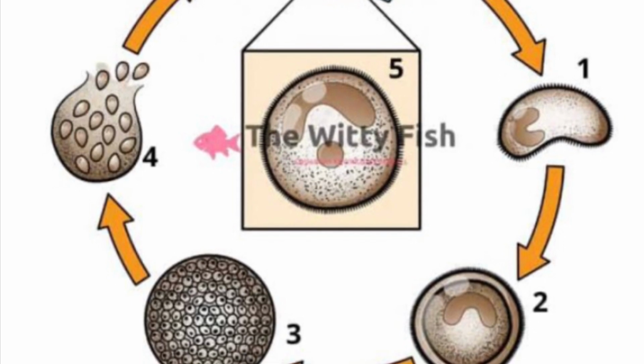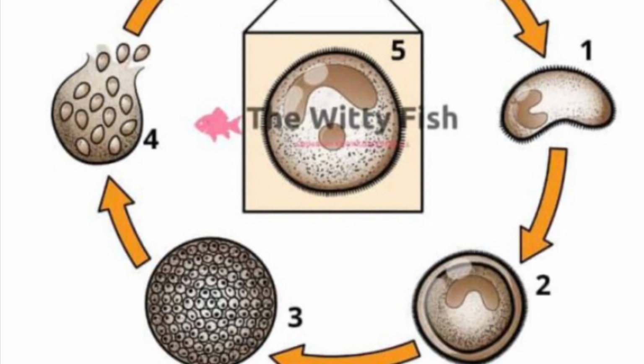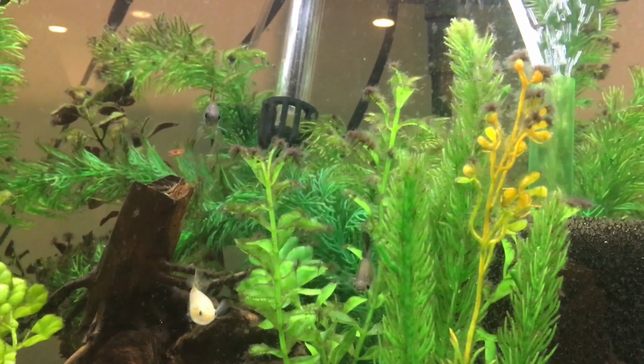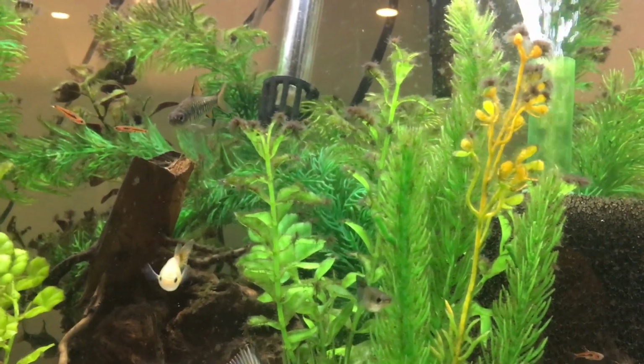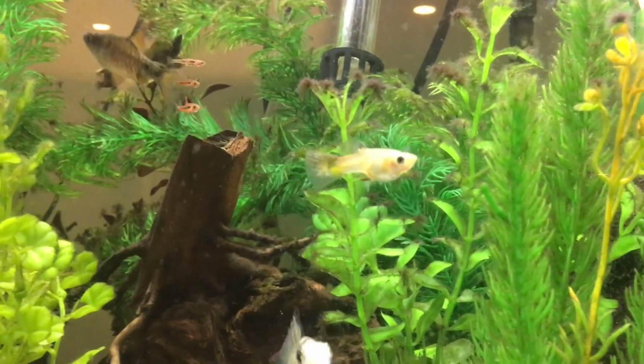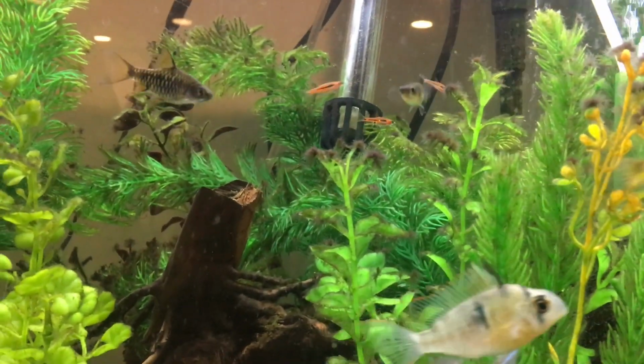Once the parasite matures and is ready to reproduce, it punches its way out of the fish's skin and creates a new cyst, and the cycle repeats. This continues until the fish is weakened too much by this and dies, or the parasites are killed off. Ick can survive in both warm and cold water, but its life cycle will speed up the higher the temperature is.